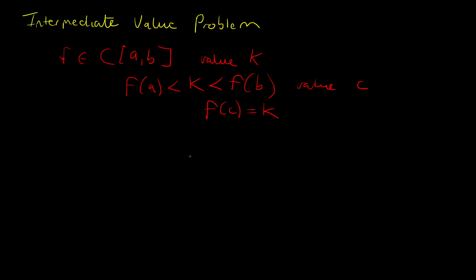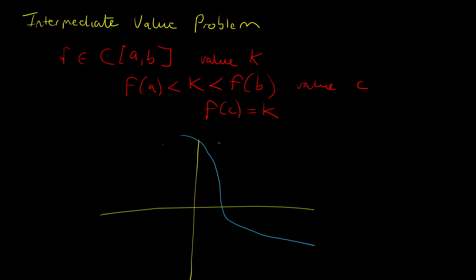So to make it very easy graphically to explain, it says that if we've got a function, let's draw a function, and we've got two values, we've got an a and we've got a b. Say we want to see if there's a value of x that's equal to 0, so in this case we want to find the value of c where the value is 0.